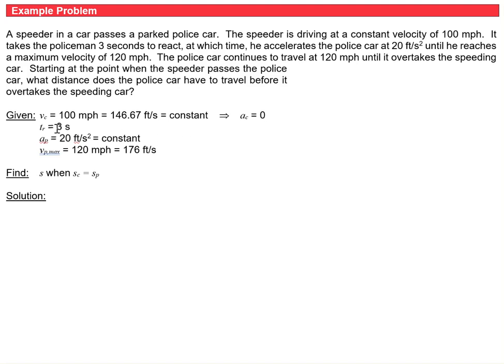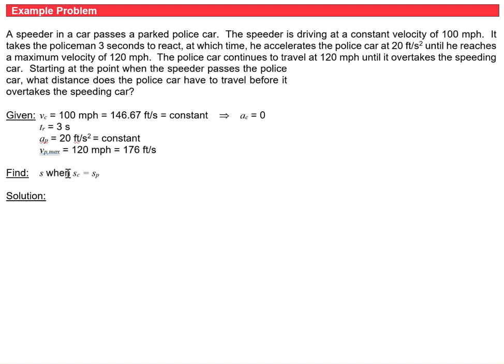The reaction time of the policeman is 3 seconds. The policeman accelerates at 20 feet per second squared, which is constant, until he reaches a maximum 120 miles per hour. And we want to find the distance that the police car has to travel before it overtakes the speeder.